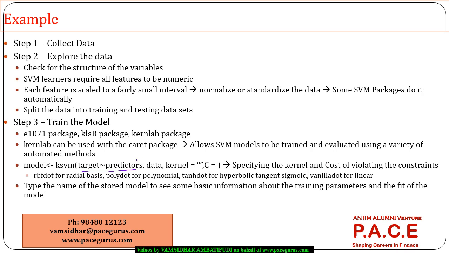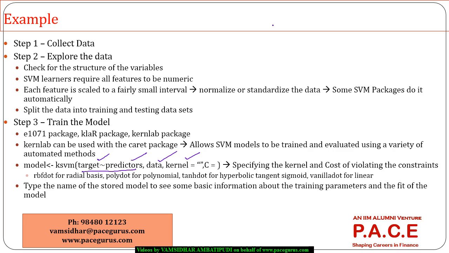Here I can very well give the dot notation. So I have to give my dependent variable, the list of my predictors, and the data from where I'm building the model. I have to give my kernel, what are the different kinds of kernels that I can use.